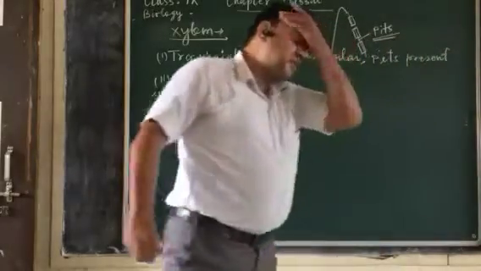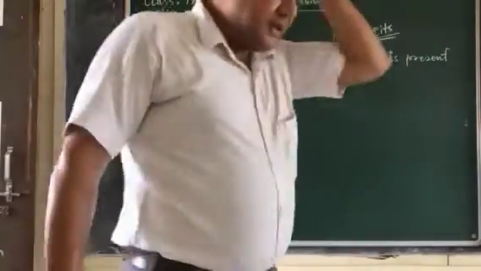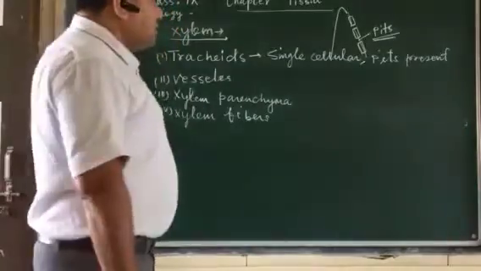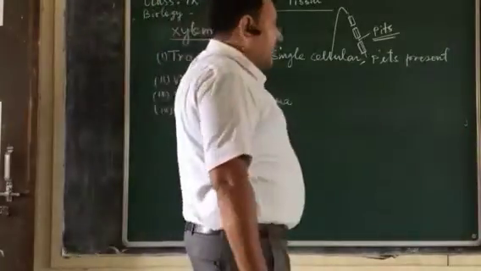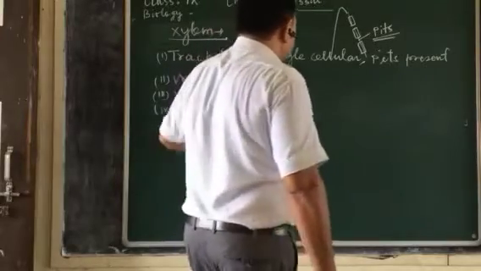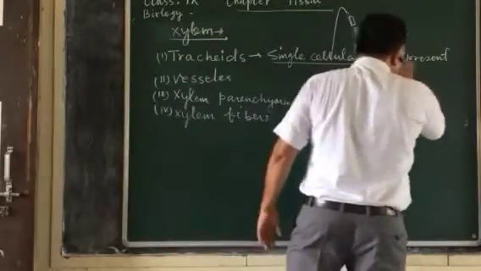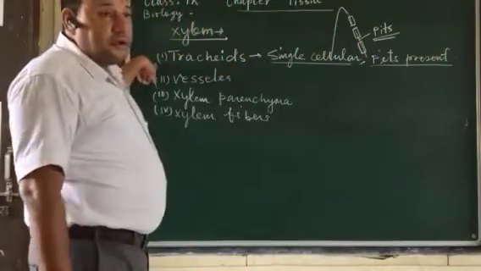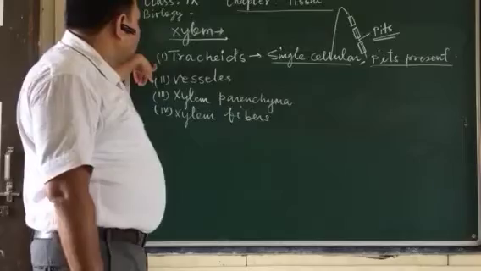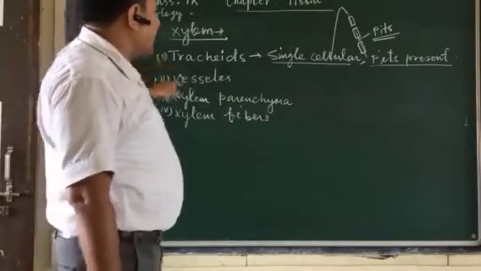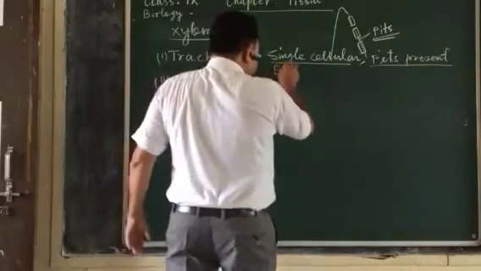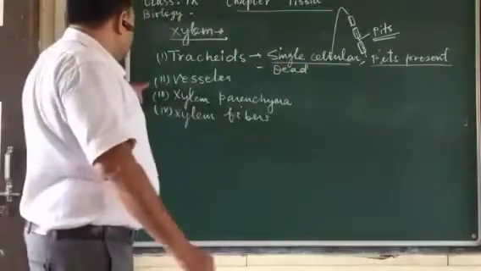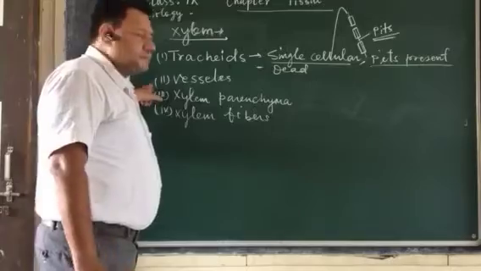If a transverse section of this vessel is given to you, you will be able to recognize these tracheids with the help of these two things. It should be kept in mind that these tracheids are dead. They are dead.